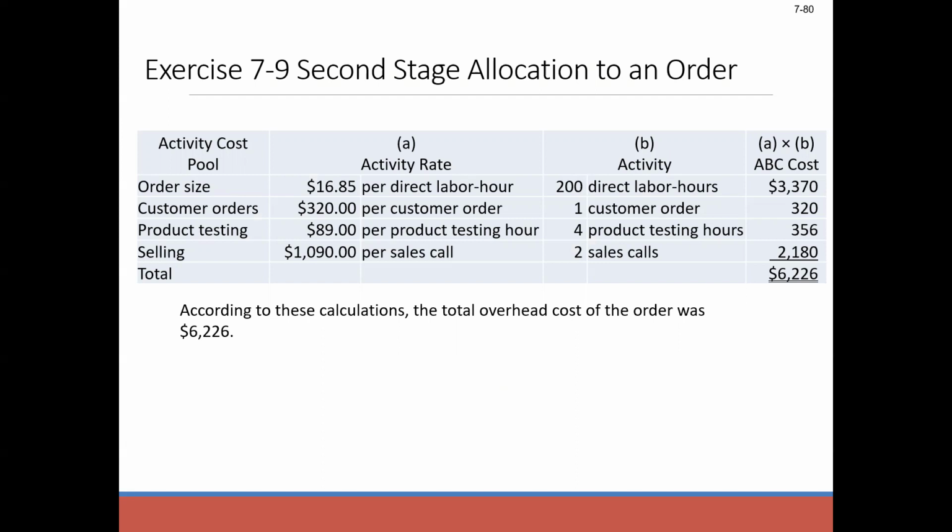Product testing, we have 4 product testing hours at $89 per hour. 2 sales calls at $1,090 each. So the total cost just associated with this order shows it's $6,226.